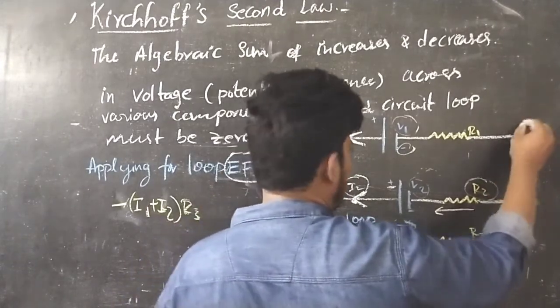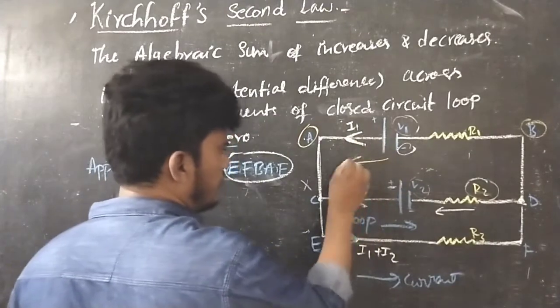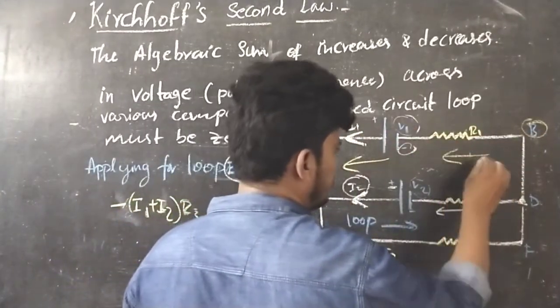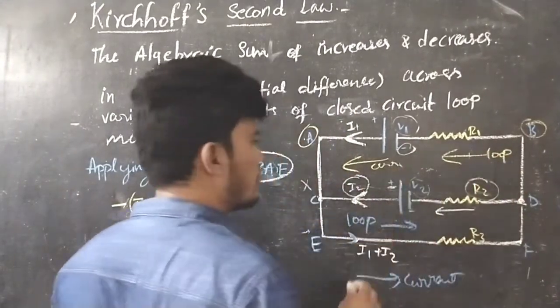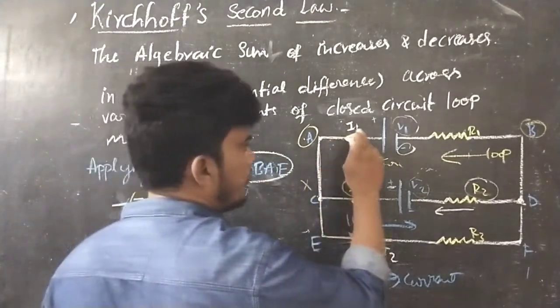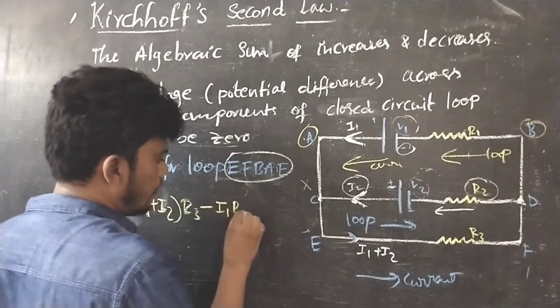Then come to the point B to A. From B to A, the current direction as well as the loop direction are the same. So we will take minus values. That's why minus I1 R1.